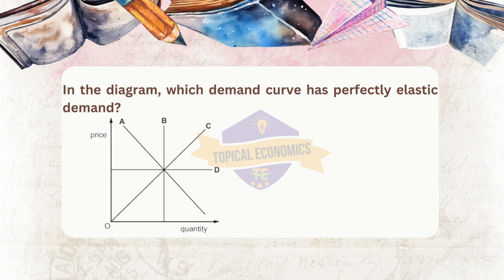A horizontal line on a graph indicates that at one particular price, any quantity can be demanded, but even a small increase in price will cause demand to fall to zero. So, in this diagram, the demand curve with a horizontal line is D, which represents perfectly elastic demand.